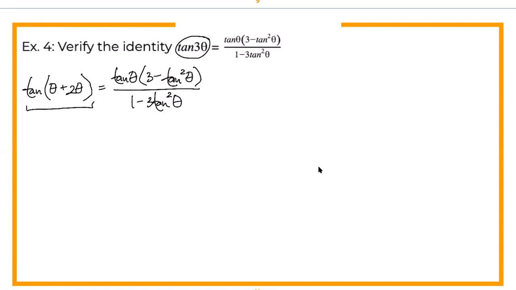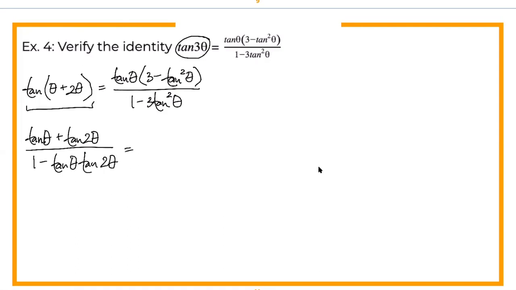Sum and difference. Difference, very good. So our tangent sum and difference was tangent u plus tangent v divided by 1 minus tangent u tangent v.